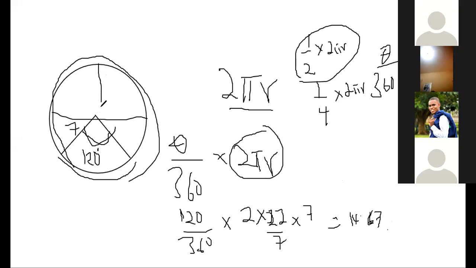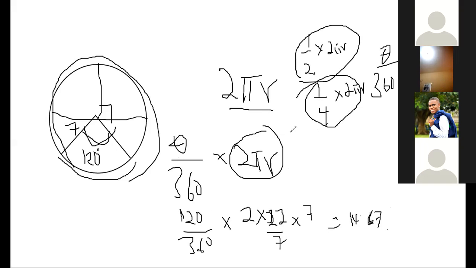For a quadrant, that is 90. 90 over 360 gives you 1 over 4, then you multiply by 2 pi r. These are the major formulas you will find. And when the angle is not 180, 90, or 360, you use theta, the angle there, over 360, then you multiply and go your way.